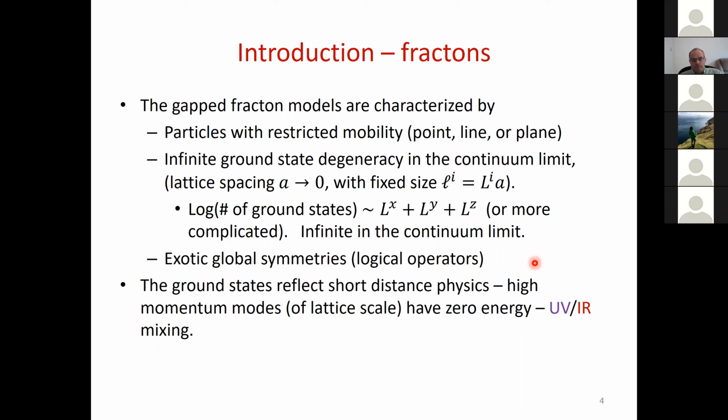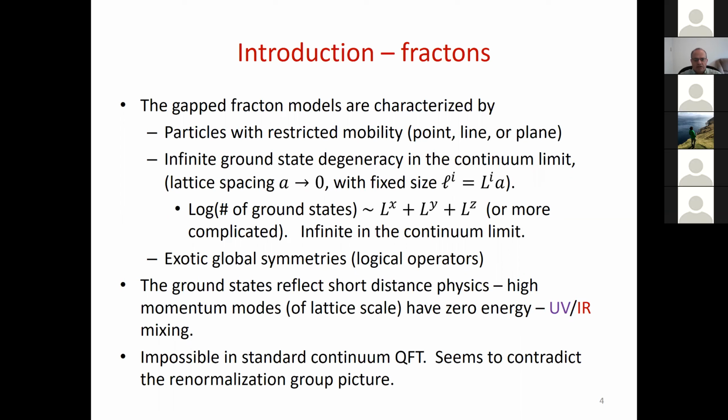In other words, if I move the operator, say, as I said before, in the z direction, it can have different values. The charge can have different values at different values of z. And that means that it has high momentum in the z direction, even though we are at low energies. Now, all these features are essentially impossible in a standard continuum quantum field theory. They seem to contradict the renormalization group picture.